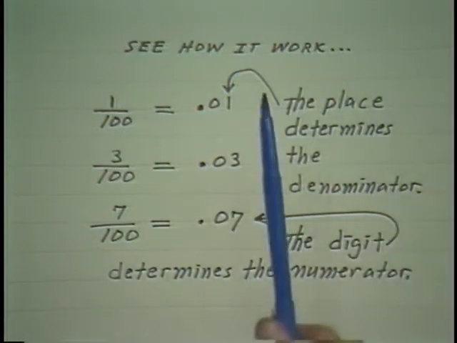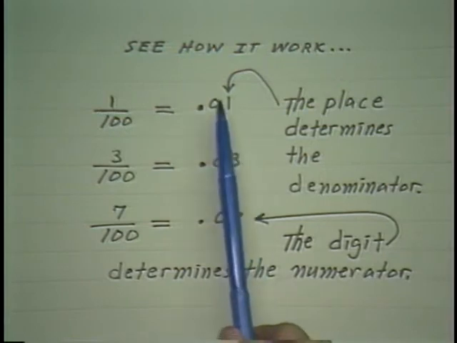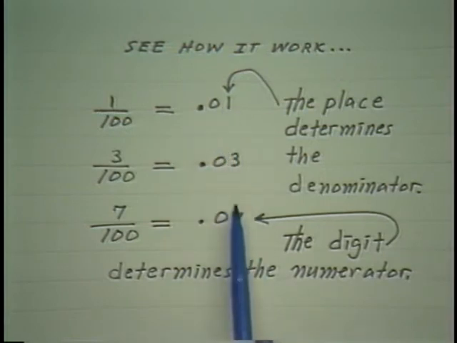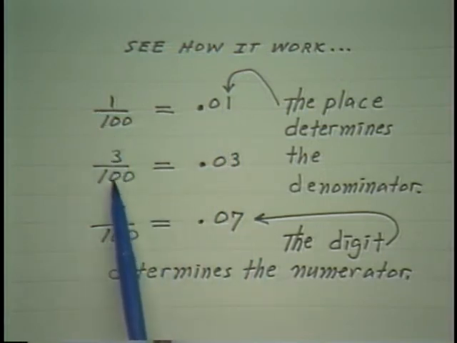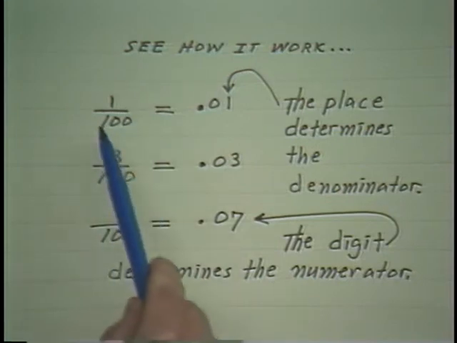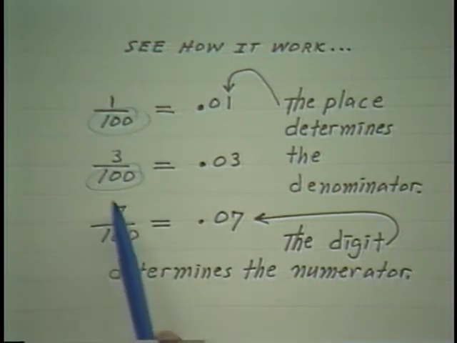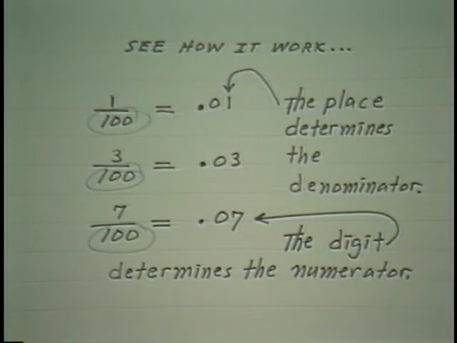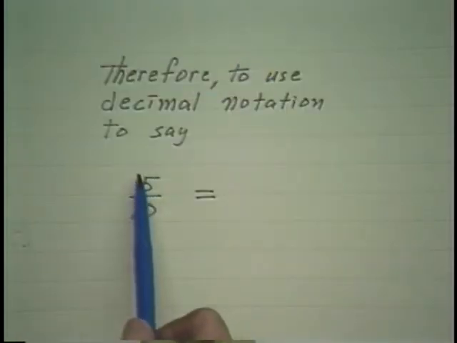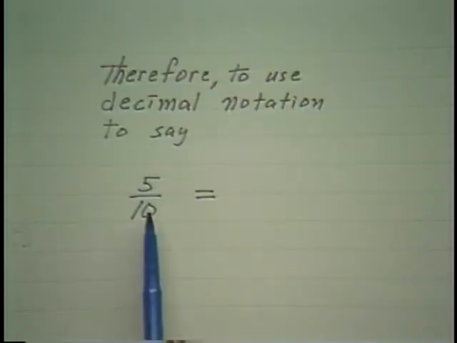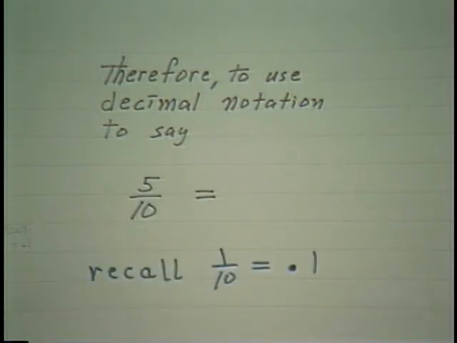So the important idea is that this second position here is our hundredths position for the denominator, which is always 100.